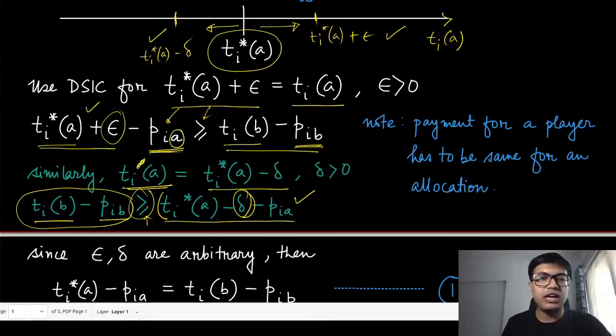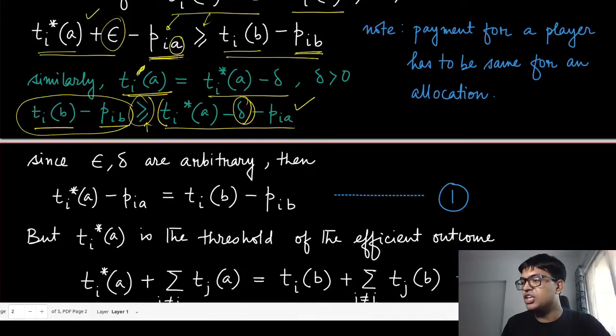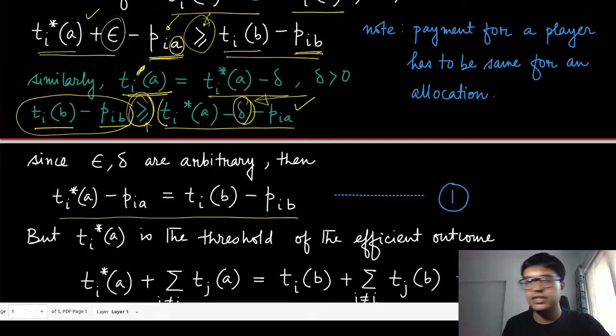Now, because epsilon and delta are arbitrary, we can actually take the limiting value of epsilon and delta, and what we get is that this inequality will become an equality, because here if you let delta go to 0, then you have an inequality in the reverse direction than the inequality here. So you get this equality, and this equality will be very crucial, so we will be using it very carefully.